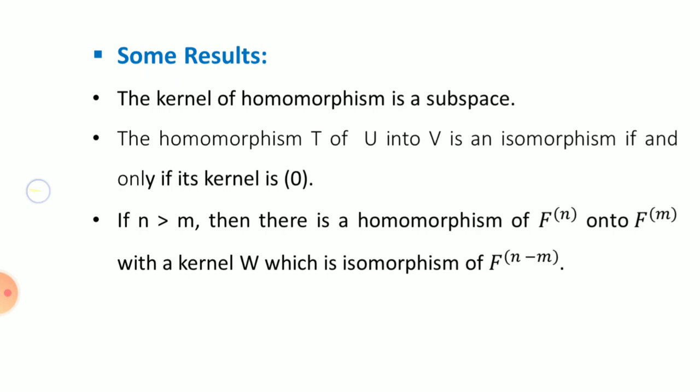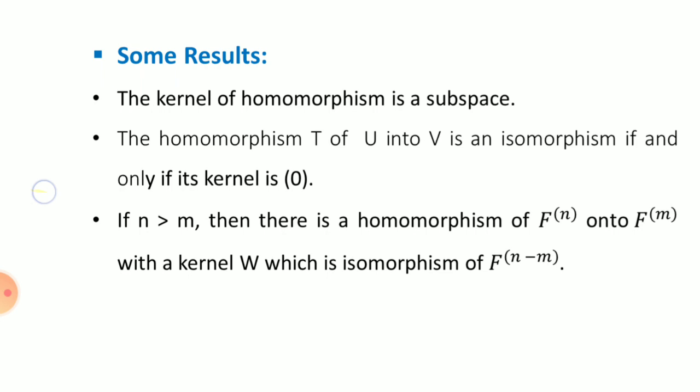Second result: the homomorphism T of U into V is an isomorphism if and only if its kernel is 0. As there is an if and only if, there is a necessary and sufficient part. That means if the homomorphism T of U into V is an isomorphism, then the kernel of T is 0.